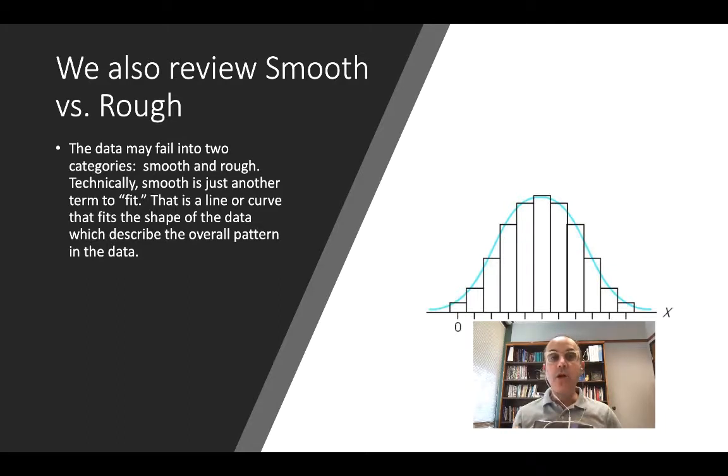Last time we talked about smooth and rough, especially with regard to descriptive statistics, where the aim of descriptive statistics is to capture how the distribution is laid out throughout the data set. And we talked also about that in the context of time series, what time series give us with regard to smooth or rough.